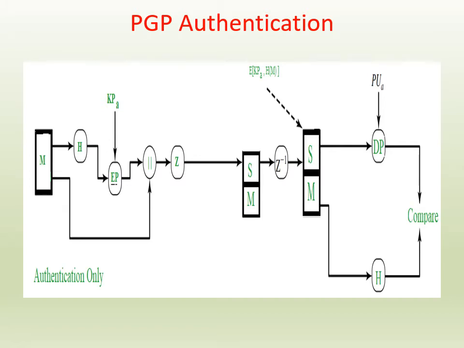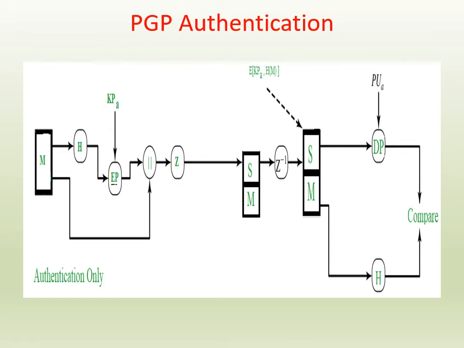Note that here M stands for message, H is the hash function, KS is a random session key created for symmetric encryption purpose, DP is a public key decryption algorithm, EP is a public key encryption algorithm, DC is a symmetric decryption algorithm, EC is a symmetric encryption algorithm. KR suffix B is the private key of user B used in the public key encryption process.